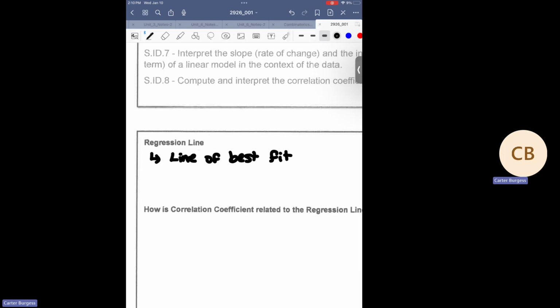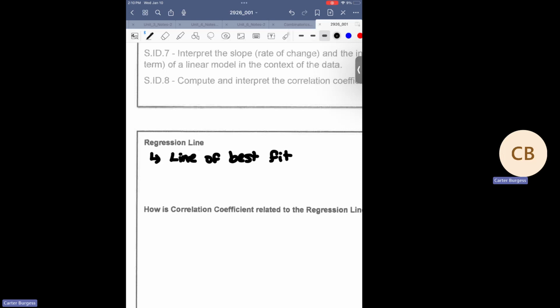Points on the line represent our guesses. They represent what we would expect our outputs to be matching with certain inputs. And ideally, we would like our guesses to not be too far off from reality. So the line of best fit is not the line that passes through the most number of points on our data.